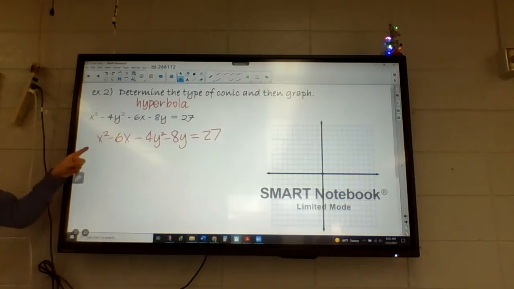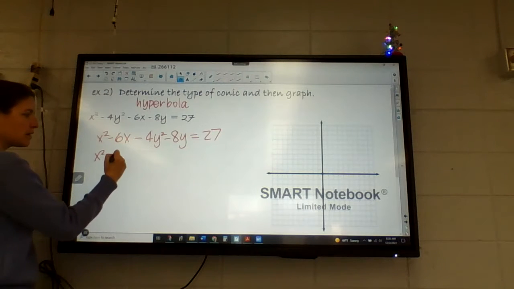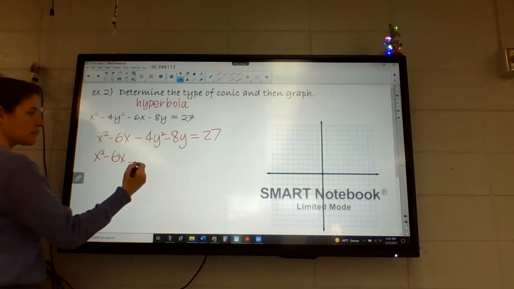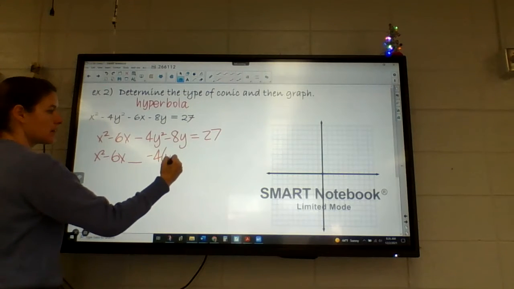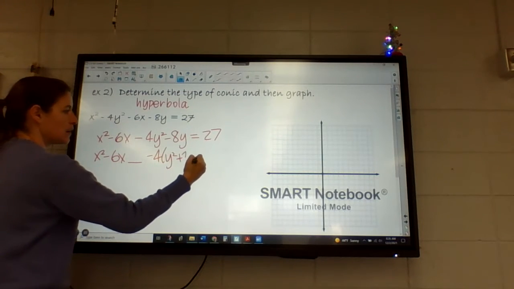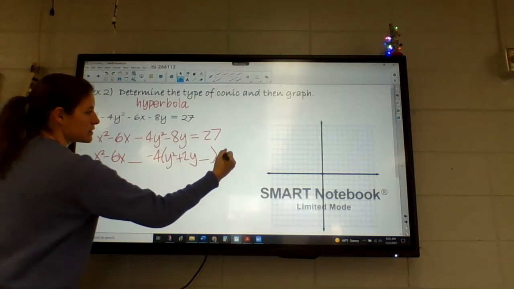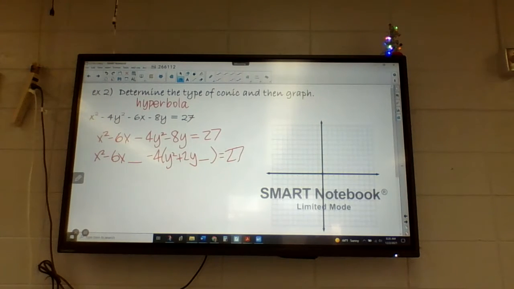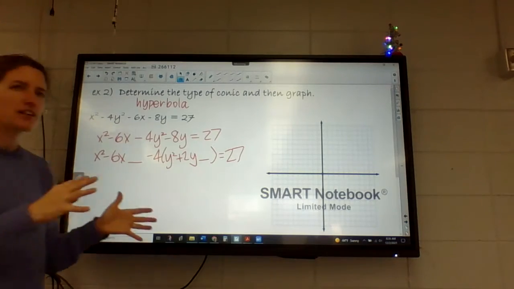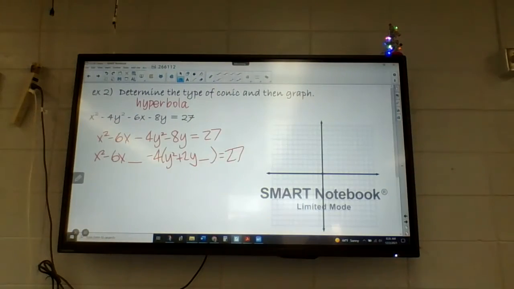So when there's nothing in front of the x squared, I don't have to worry about factoring anything out. I'll leave a space. But here I'm going to take out a -4. There's a negative in this hyperbola. It makes that one a little bit tougher. I think it's easier when it's actually a number versus just the y being negative.